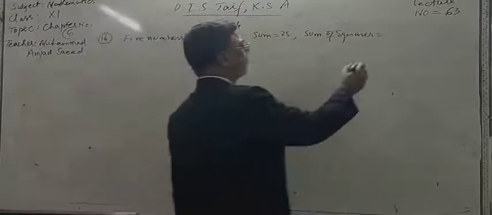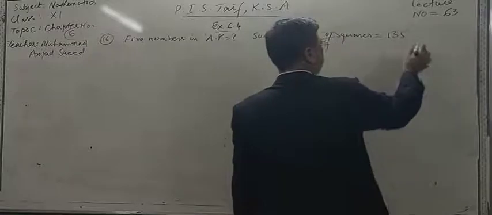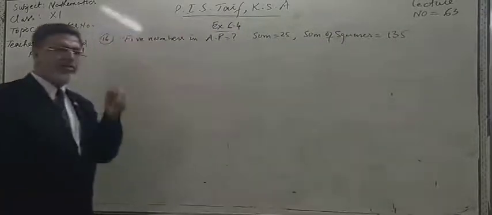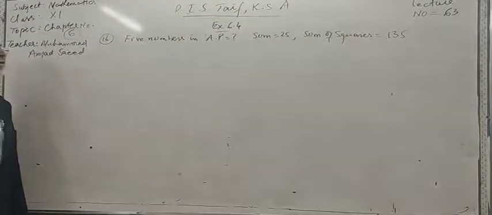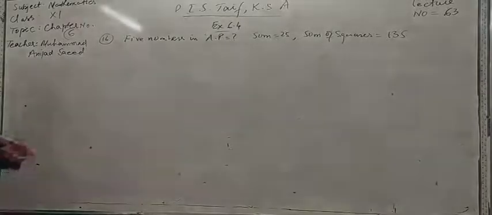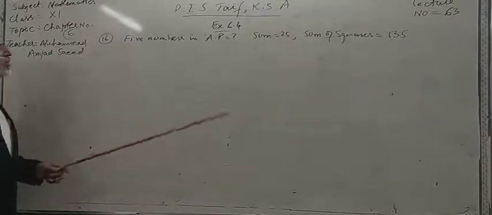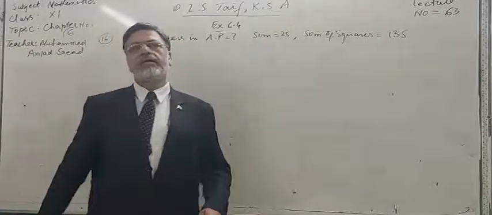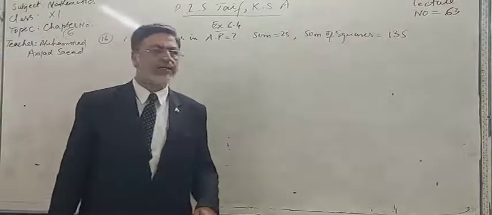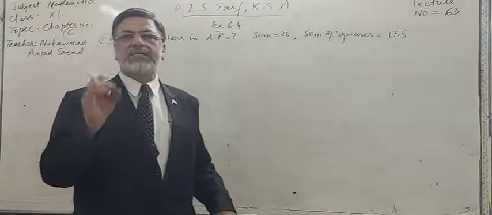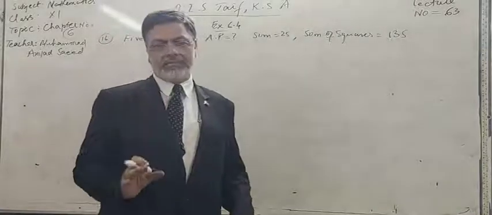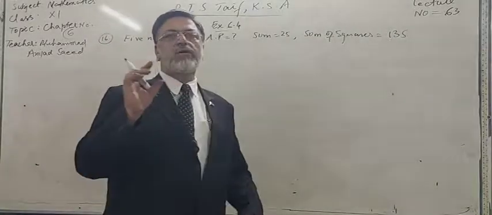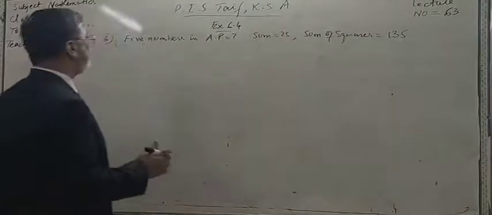These numbers must be in AP. Checking arithmetic progression, whenever you suppose the numbers, their common difference must remain the same. Then they will be the correct numbers in AP.